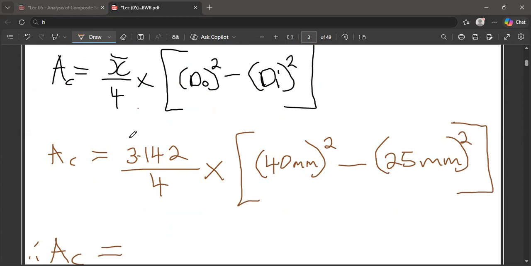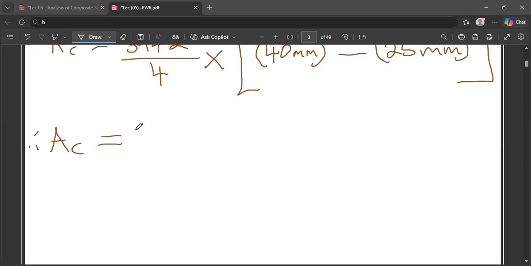That is 3.142 all over 4, times bracket open, the outer diameter all squared, minus the inner diameter, put into brackets. After that, close the bracket, square it, and close the big bracket. And you realize you are going to get 765.8625 millimeter squared.